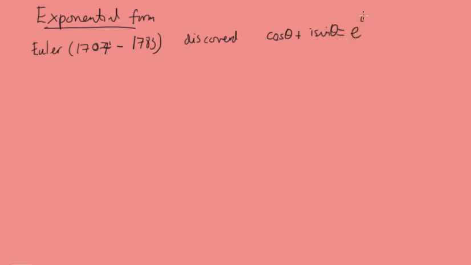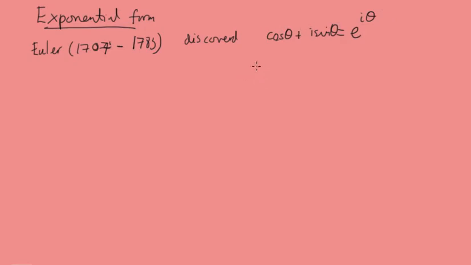So, Euler, who is in the 18th century, 1783, so in the 18th century, he discovered that this part of the modulus argument form, so cos theta plus i sine theta, is actually the same as e to the i theta.